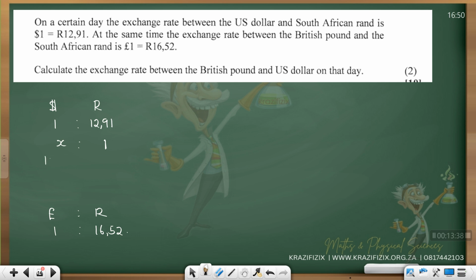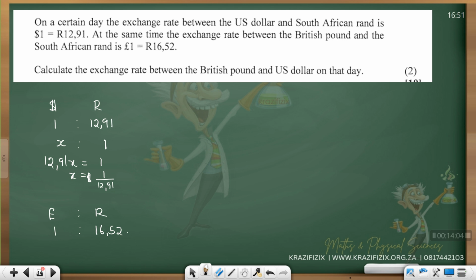Cross multiply. 12.91X, I'm looking for 1 rand in dollars, equals 1. So what is X? 1/12.91. I hope that makes sense. So that is 1 rand.